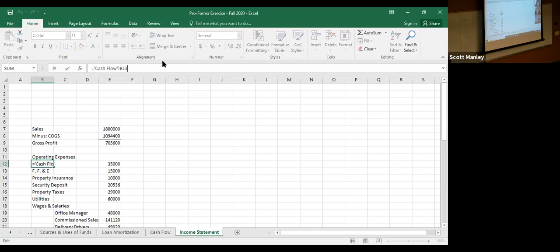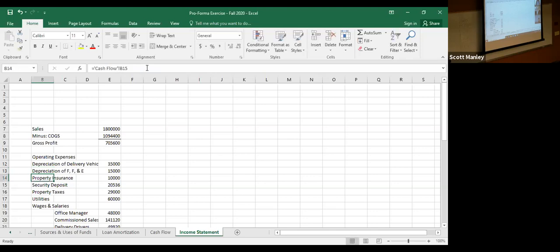But what does show up is depreciation of delivery vehicle, right? And FF&E doesn't show up, but what shows up? Depreciation of FF&E.